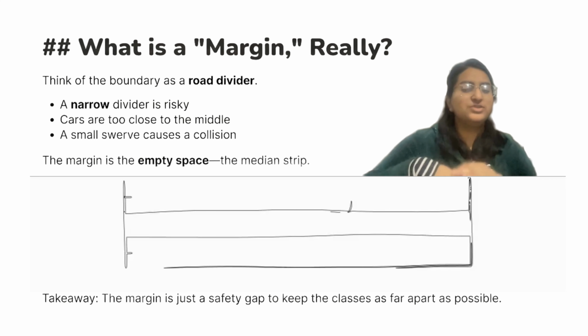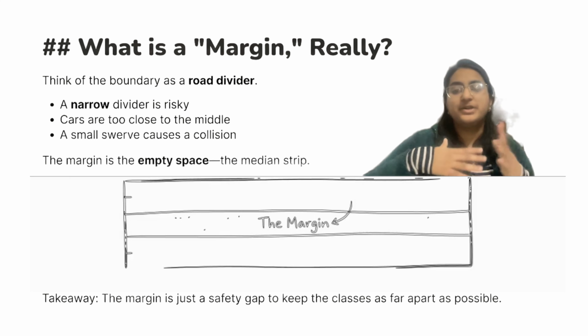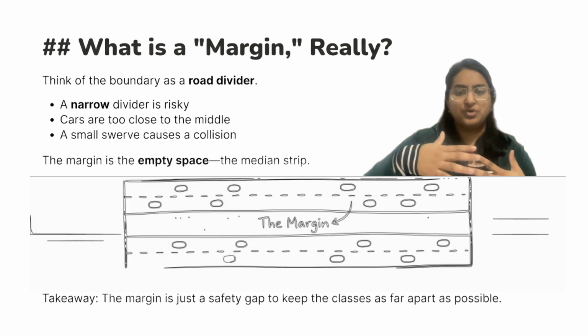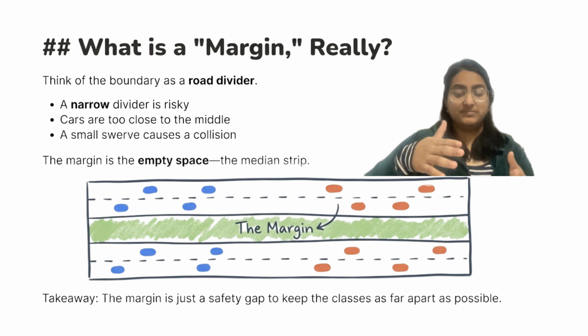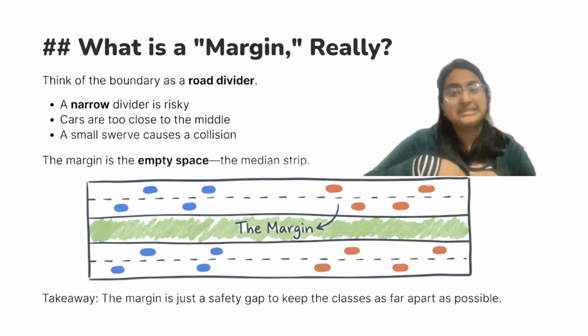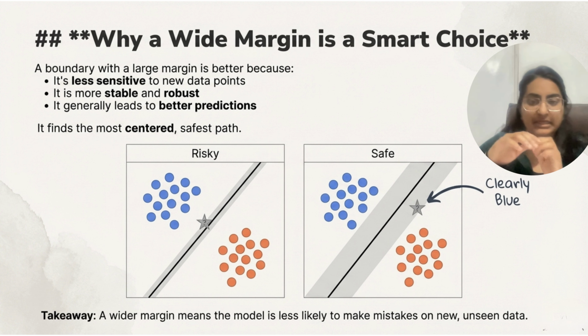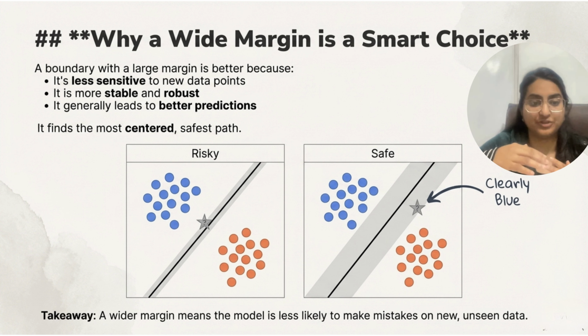Let's make margins super clear. Imagine there is a boundary line in the middle and now two more lines to draw, one on each side, like a safety corridor. This corridor is the margin area. Now compare these two situations. On one side the margin is tiny, and that means one small shift in data can break our separation.